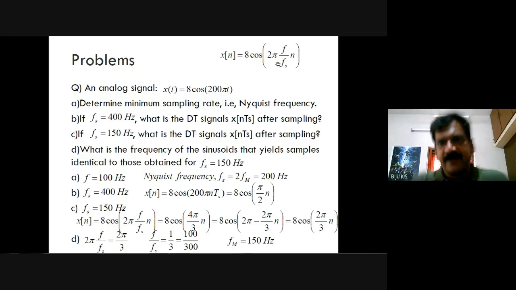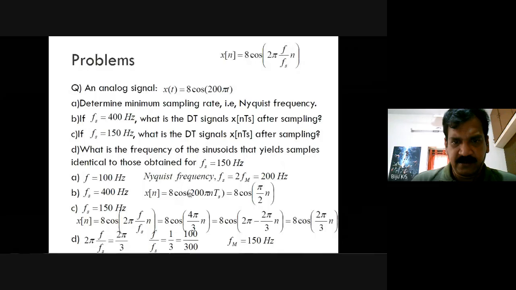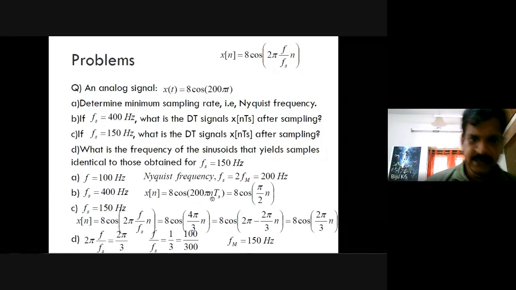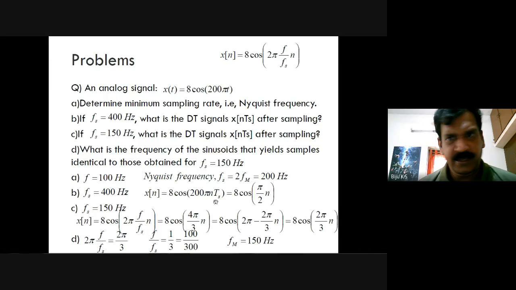The signal 2 pi f t, after sampling, becomes 2 pi into f by fs, with t replaced by nT, where T is the sampling period. So x(t) should be equal to x(n), and replacing the signal at nTs, it is equal to f by fs into n.